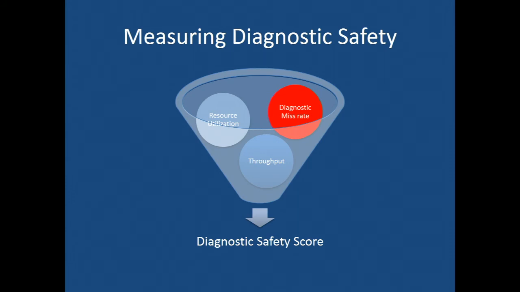We just know it's a diagnostic miss. And then if we can put that through a funnel that incorporates some data that speaks to resource utilization per the system or per the provider, in addition to throughput, which is another competing cognitive pressure, then we might come up with a more meaningful diagnostic safety score that would allow us to actually drive some performance improvement.